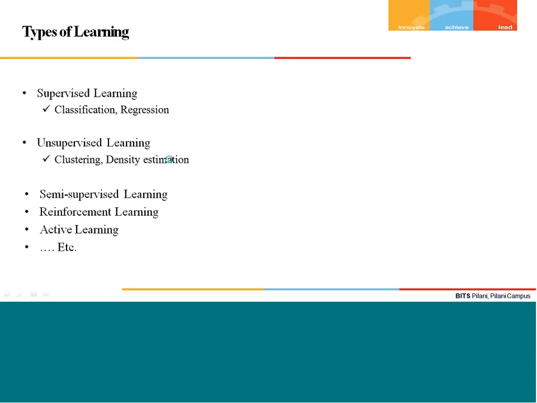There are types of learning: supervised learning and unsupervised learning. This is an example of supervised learning. I already told you what classification and regression are. Classification means you are trying to classify a given point, for example, whether I should approve the credit or not.